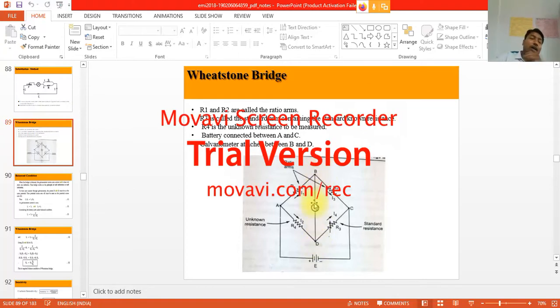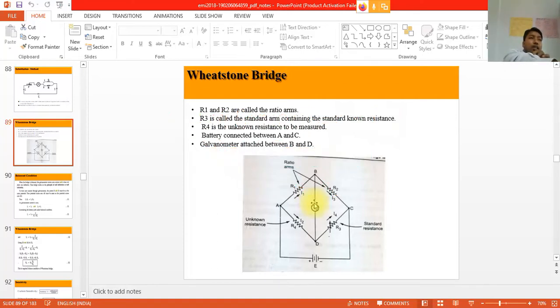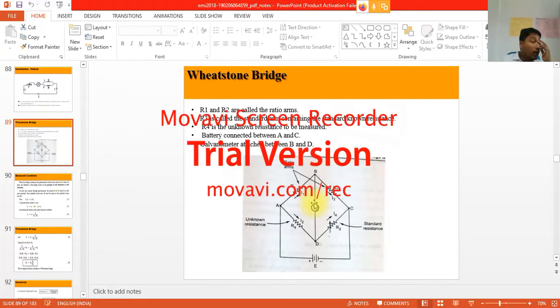As per the previous concept, we know very well that current will flow in a circuit only when there is some potential difference between the nodes of that circuit. If these two nodes are at equipotential, there will be no current in that circuit.